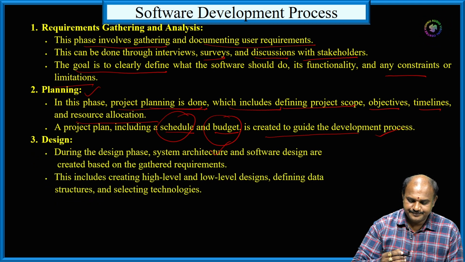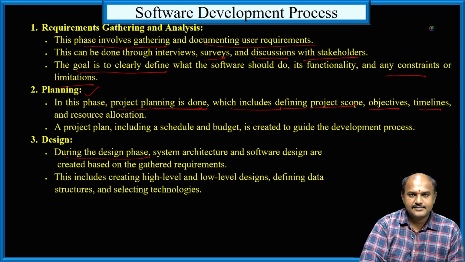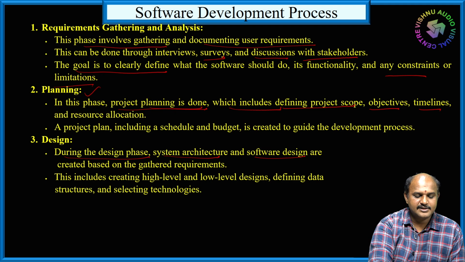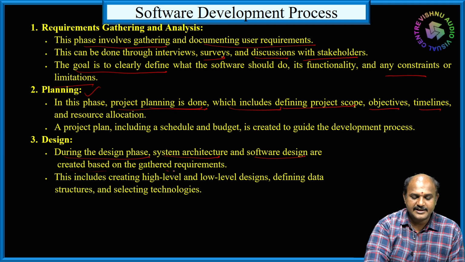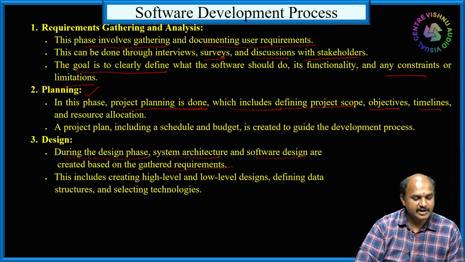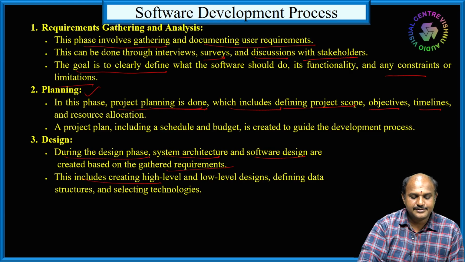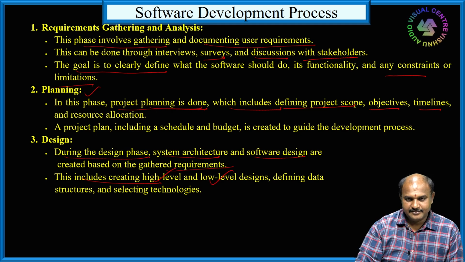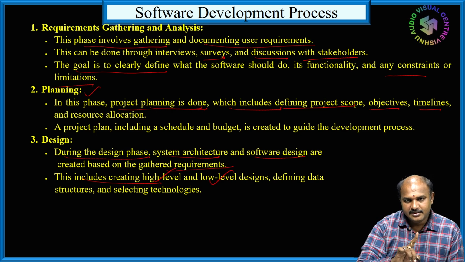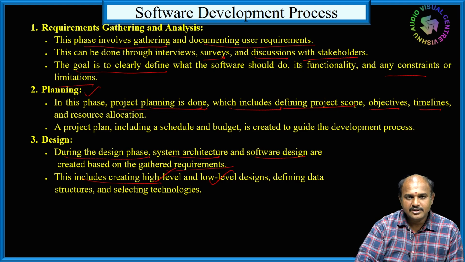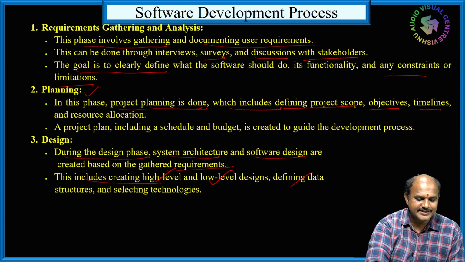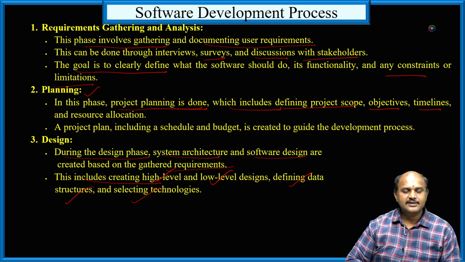Now the next phase, the designing phase. The system architecture and software designs are created based on the gathered requirements. This includes high level as well as low level design. We define the data structures and select the technologies.